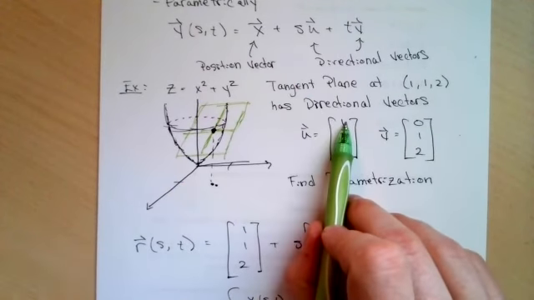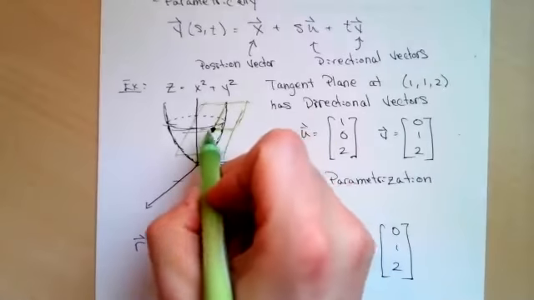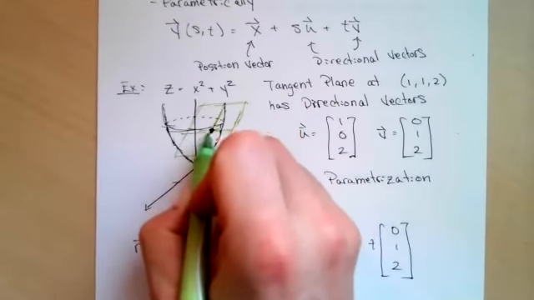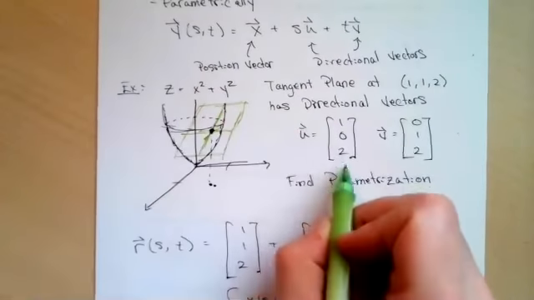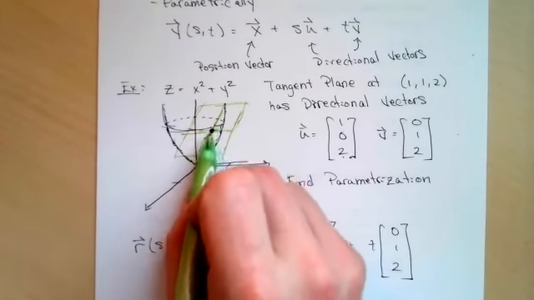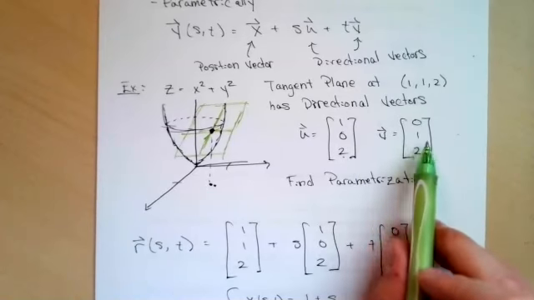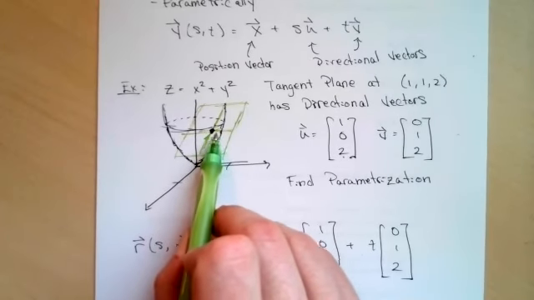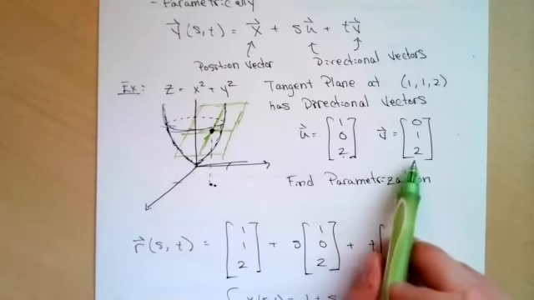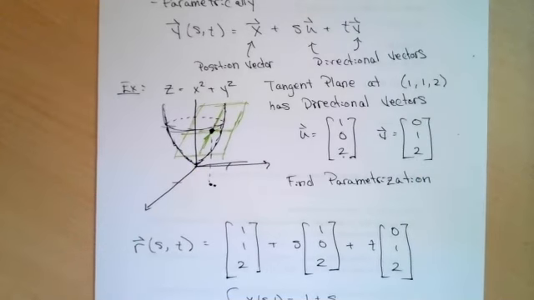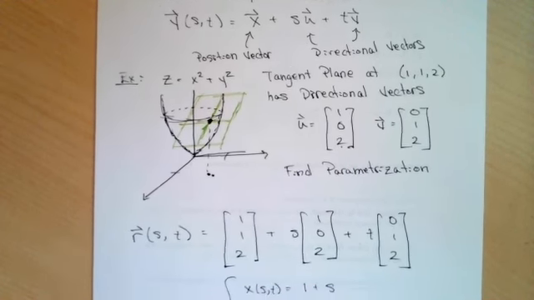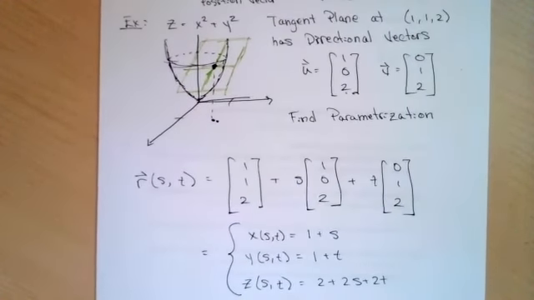Namely, if I walk 1 unit in the x direction, we are actually going to go up 2 units in the z direction on our plane. If I walk 1 unit in the y direction, we would also walk up 2 units in the z direction. Any questions on that?